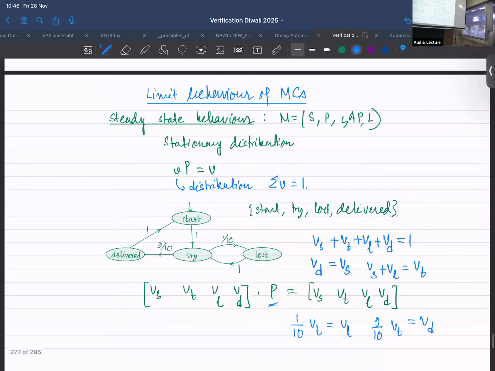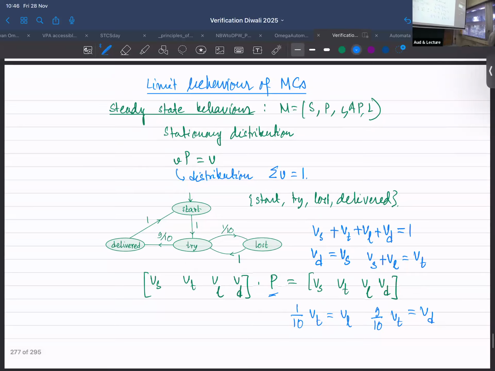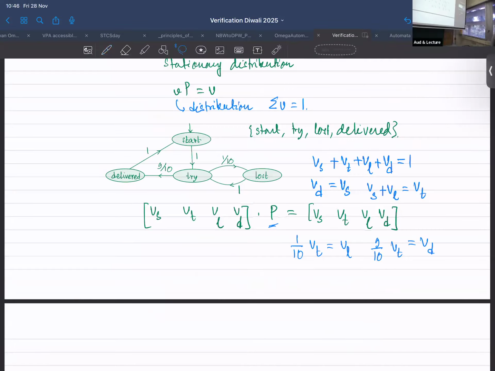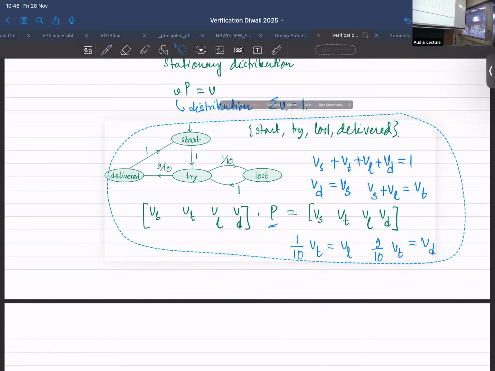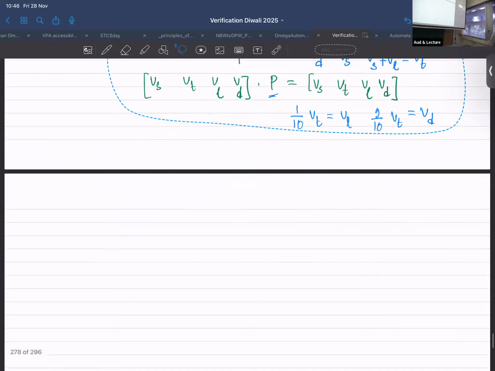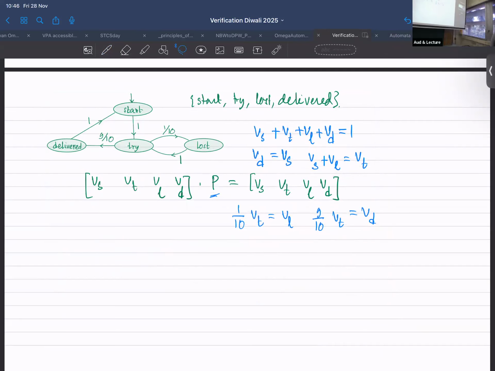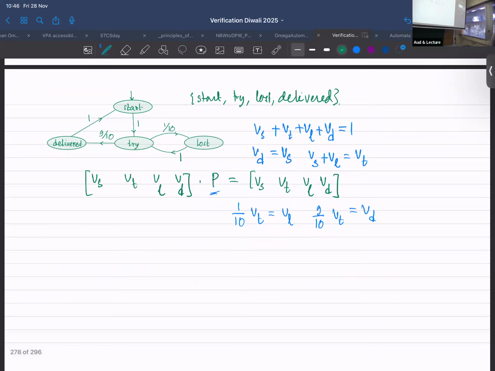Okay. So let me try to write down now the P here. We have all these, right? Can I now write the P? So I have Vs, Vt, Vl, Vd. Just by writing this, you can verify.